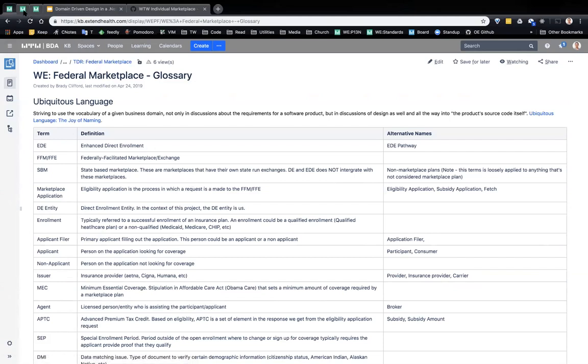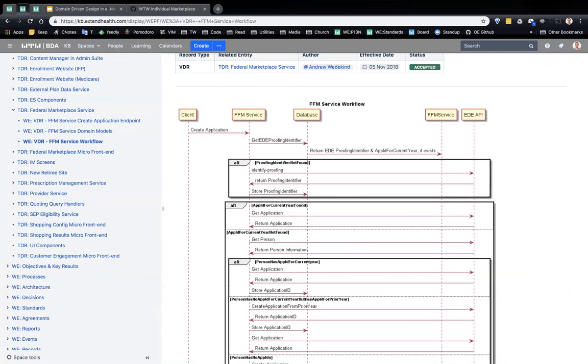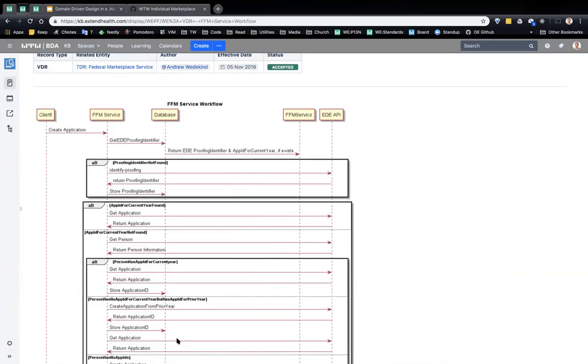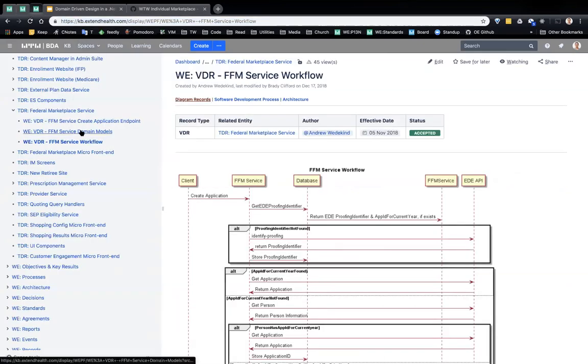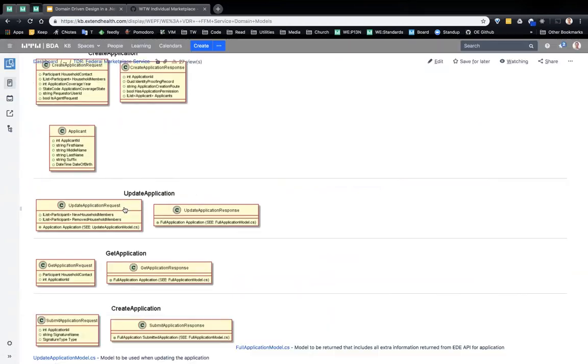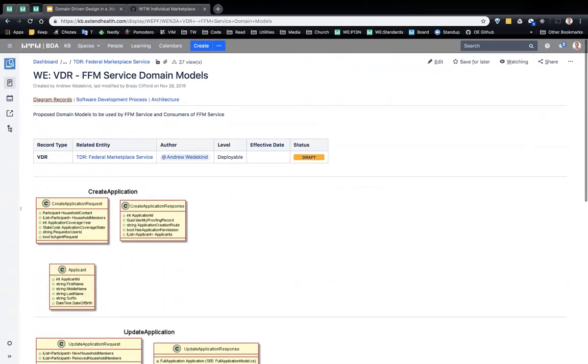Another way you can represent it is through UML diagrams. Here's a sequence diagram, of which I think we need to update. It's out of date, but it speaks to how the FFM is supposed to retrieve an application, an eligibility application. You can also represent it in a more formal, let's see, where's that link here? A more formal representation of just class relationships.